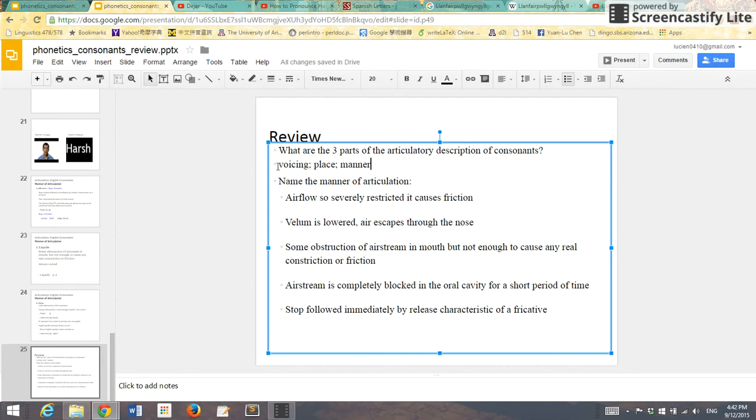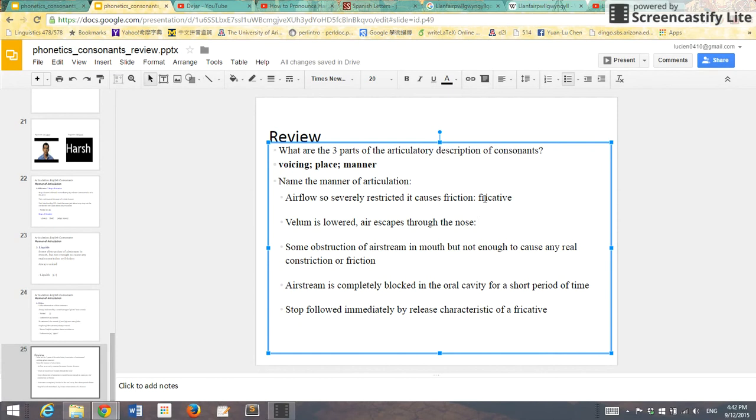Okay, and the other one, name the manner of articulation. First one. So this would be some description of the manner of articulation. Airflow so severely restricted it causes friction. This would be fricative. Do you get this? Okay. Velum is lowered. Air escapes through the nose.